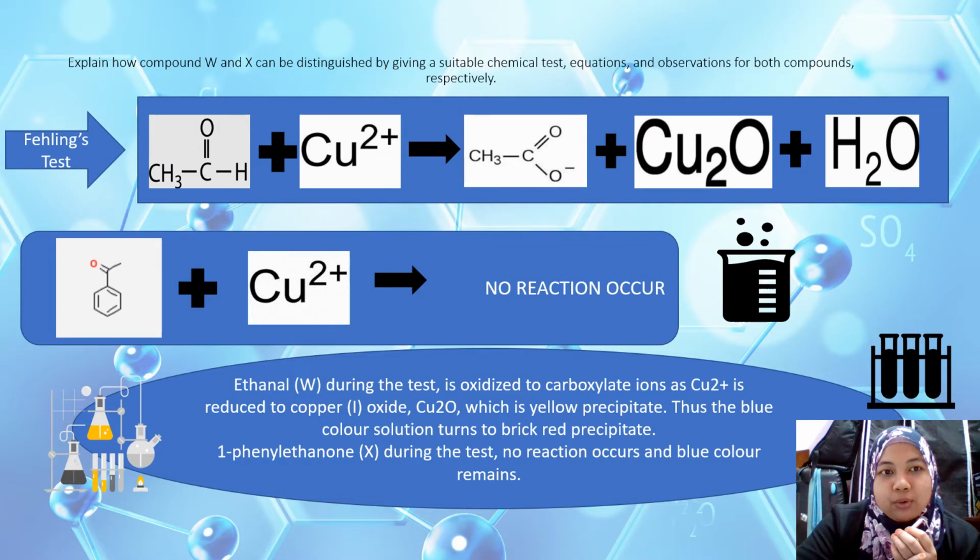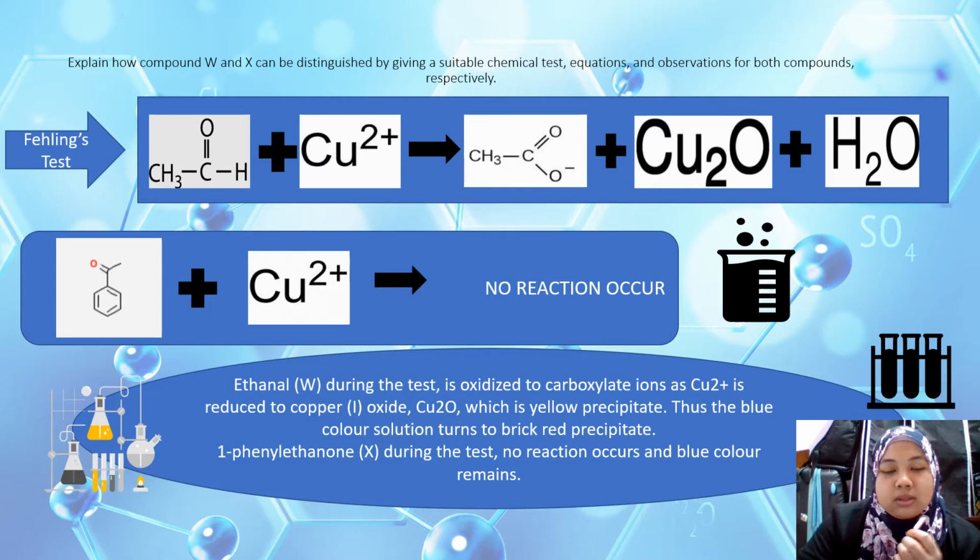The equation for compound W, which is ethanal, CH3CHO, reacts with Cu2+ and produces acetic acid together with copper(I) oxide and also H2O. For compound X, 1-phenylethanone, reacting with Cu2+, no reaction occurs because compound X is a ketone while W is an aldehyde.